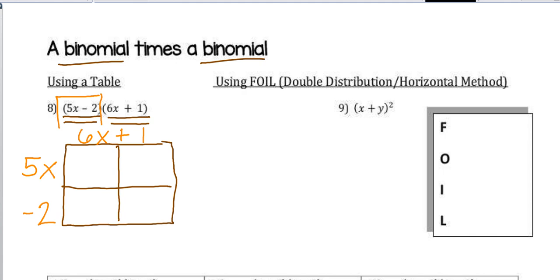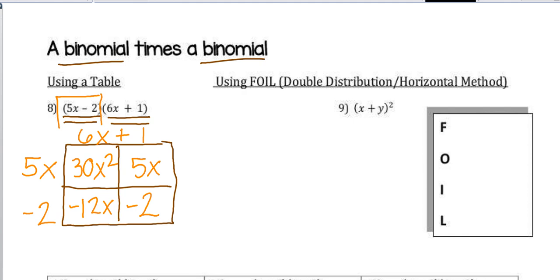So that's kind of what I call this method. I have 5x times 6x, so that is 30x squared. Remember adding the exponents. 5x times 1 is just 5x. Now I go -2 times 6x, I have -12x. And then -2 times 1 is -2.